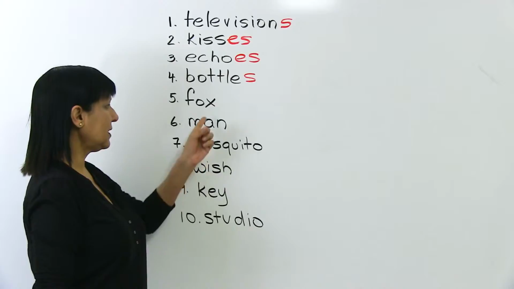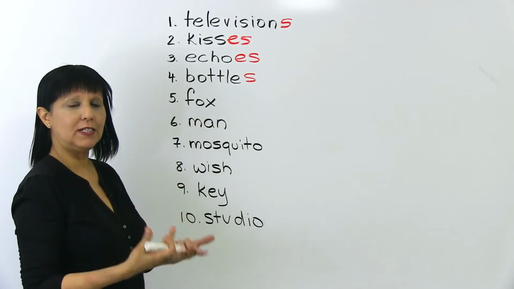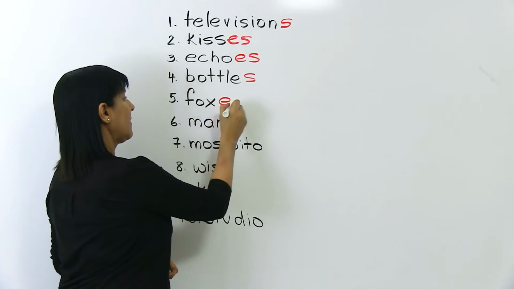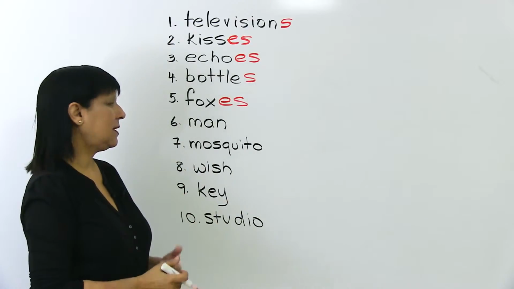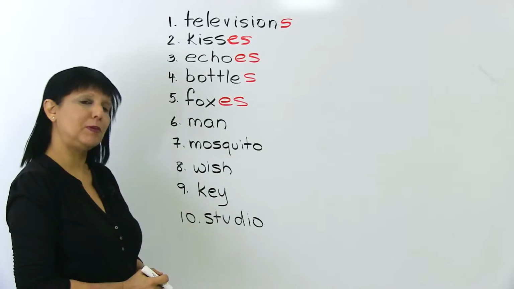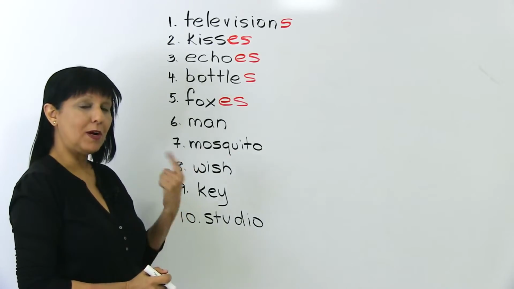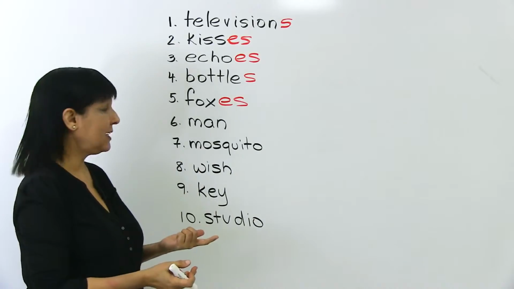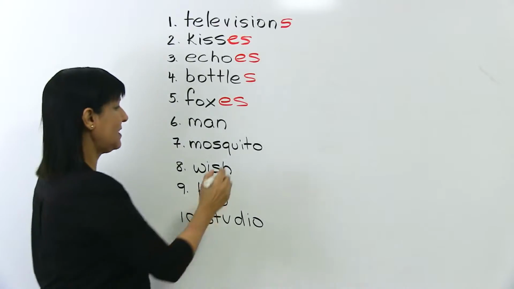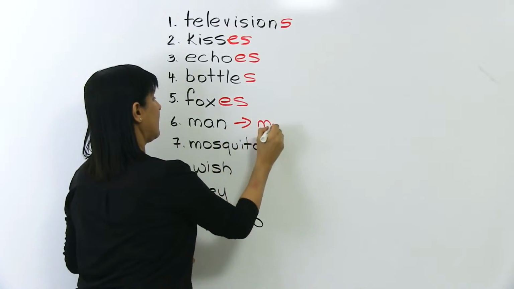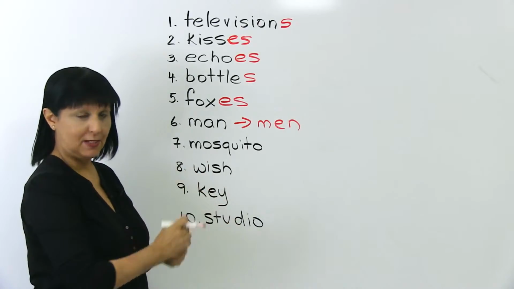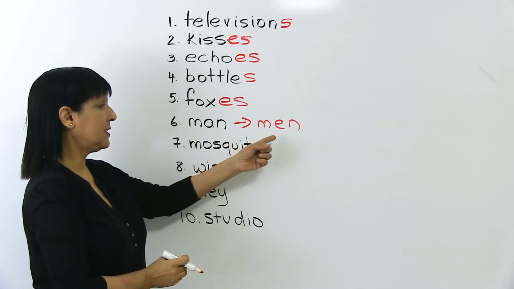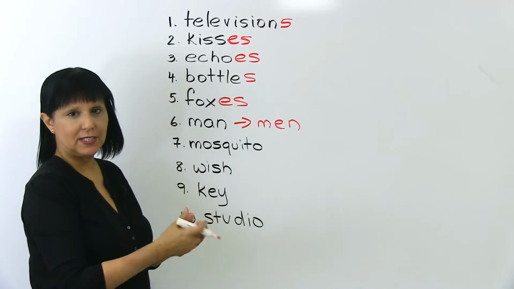It's one of those letters, X. So we need to add ES. Fox, foxes. Man. What's the plural of man? 1 man, many. It's not mans, it is men. Okay, same for woman, women. All right, so that's one of those words that changes completely, so it's an exception.